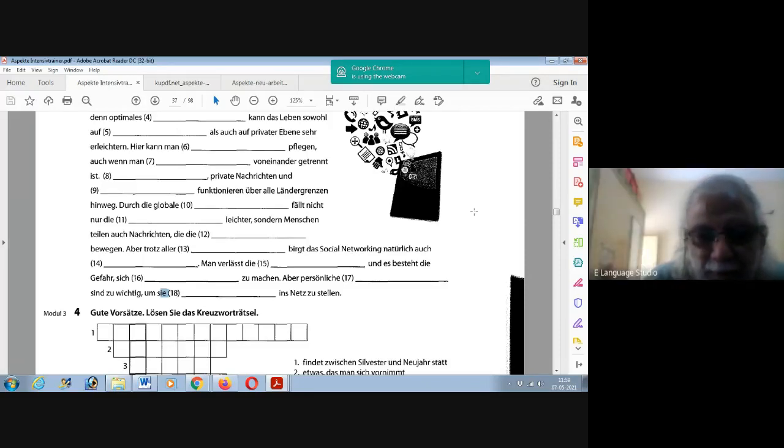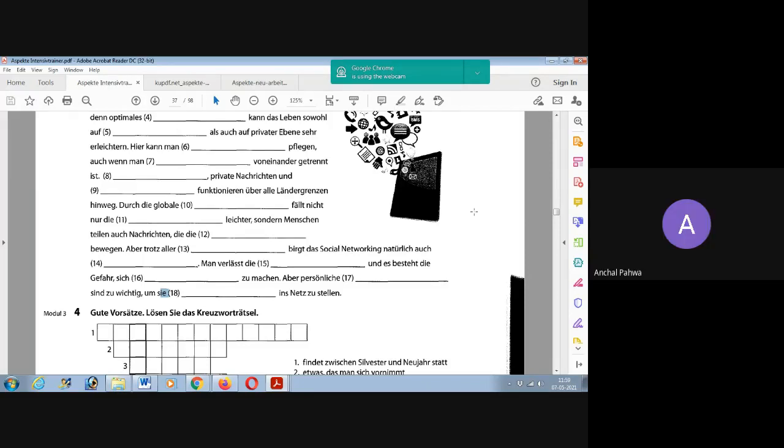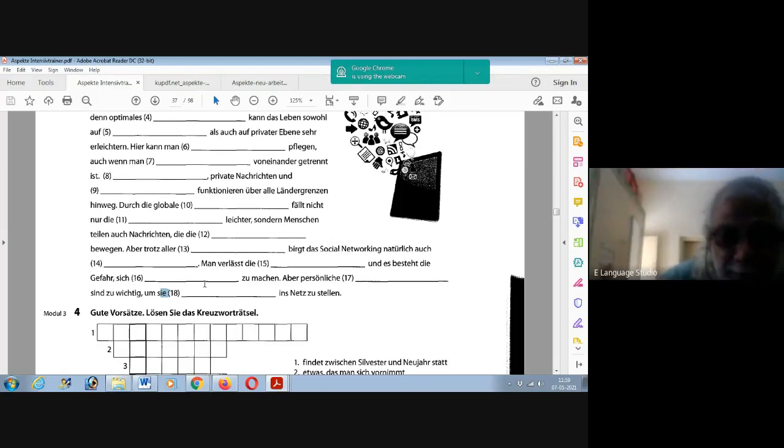So what is 15? There's only one word. Anonymität. Die, ne? Noun. So man verlässt die Anonymität und es besteht die Gefahr, sich durchsichtig zu machen. So in spite of all security measures, networking naturally starts building up, mounting up with dangers.